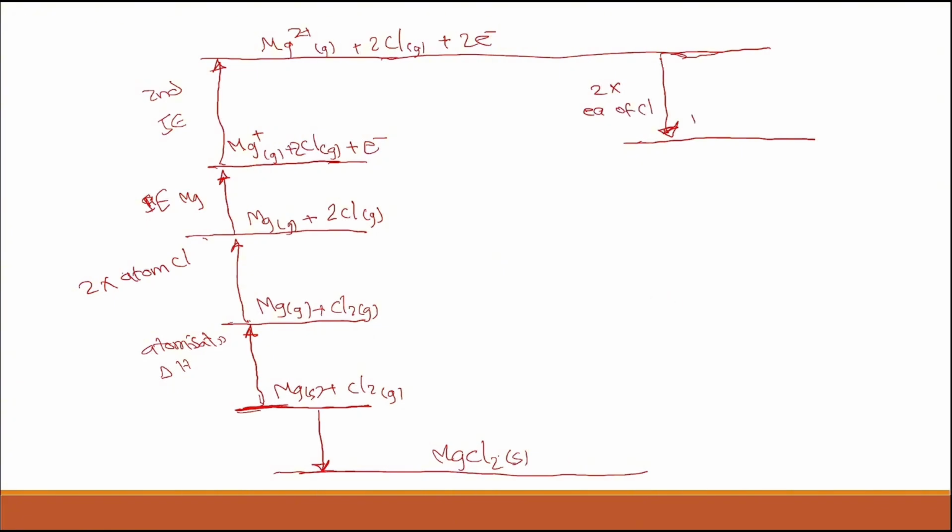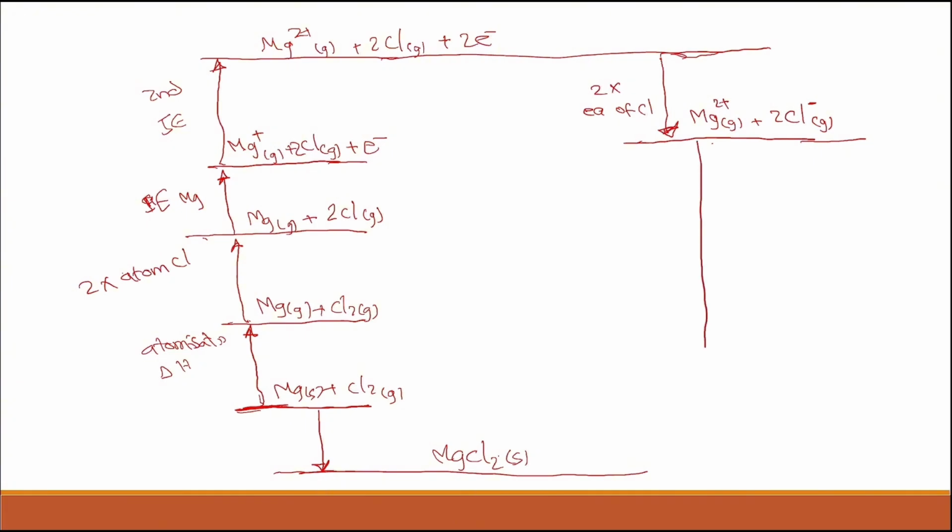The magnesium will stay as it is, as gas 2+, and the chlorine will change into 2 chloride ions as gases. Now we added 2 electrons, so we remove the electrons from the equation. And finally we have the ions of both elements in their gaseous state.